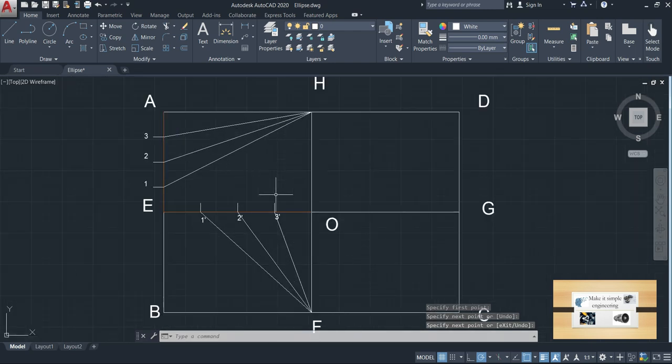So you will get a figure like this, and after that you have to extend the line F1 dash to 1H or H1, and extend F2 dash to H2 and F3 dash to H3 lines.